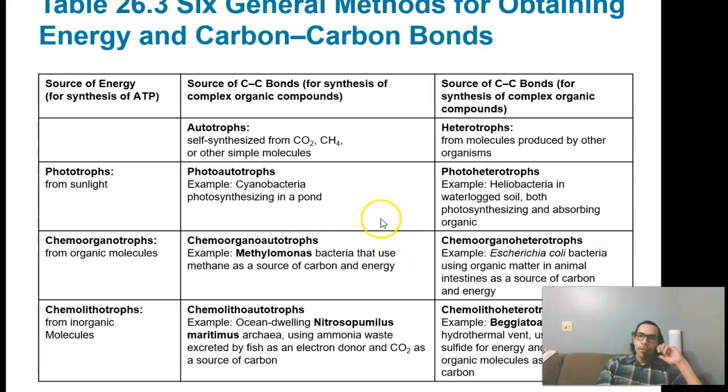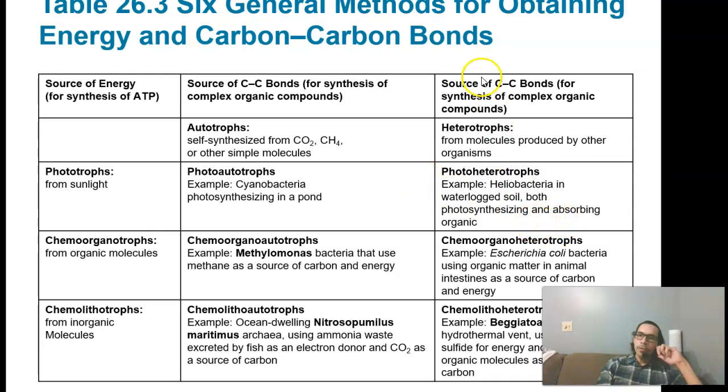Okay, let's do another one. If we go up here, it says heliobacteria in waterlogged soil, both photosynthesizing and absorbing organic. Well, it says photosynthesizing. So for the first part, how is it getting the ATP? It says photosynthesizing, so that means that it's a phototroph.